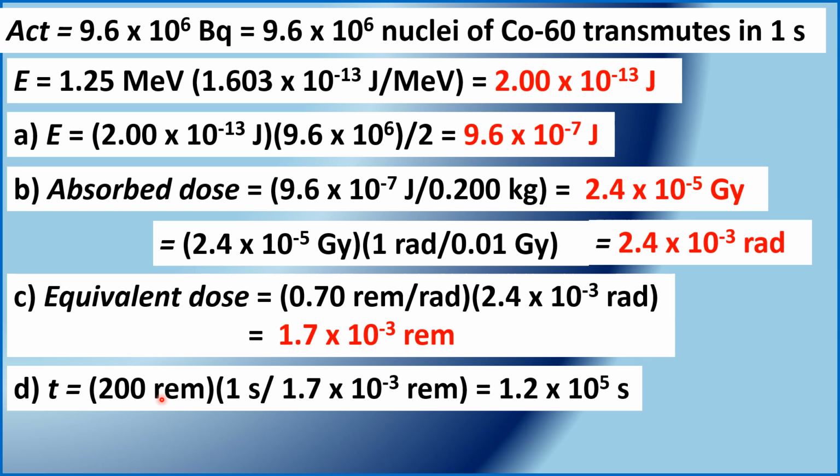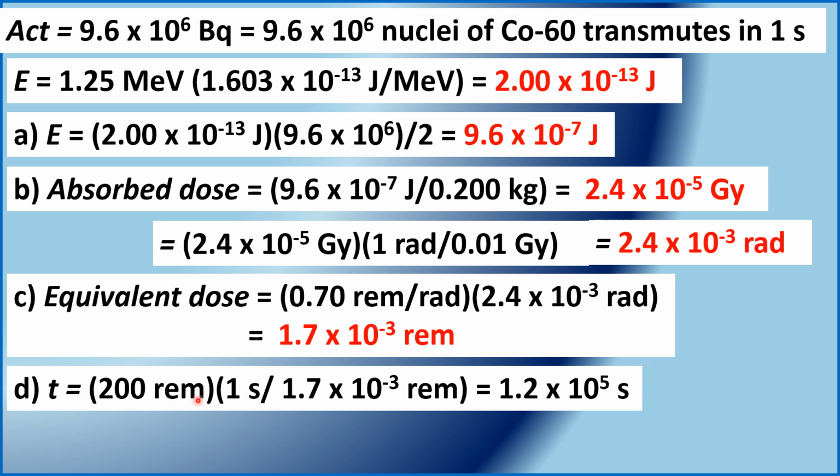How long will it take if this is the rate of equivalent dose, 1.7 raised to the negative 3 rem per second? So in how many seconds will the tumor get 200 rems?